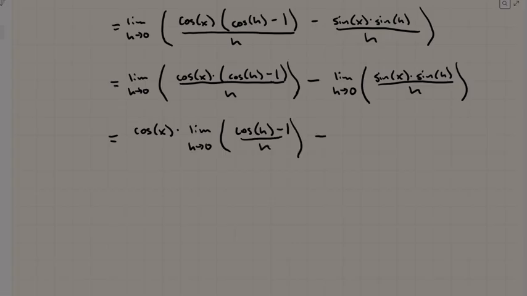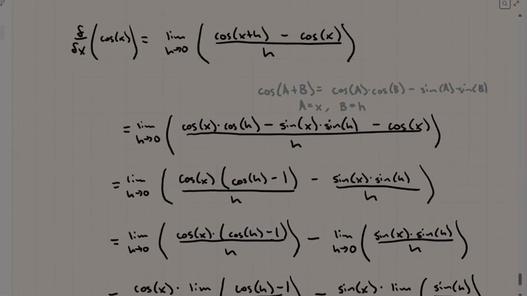Now minus, that sine x can be pulled out, times the limit as h approaches 0 of sine h over h. Okay. These are actually the same limits as before.